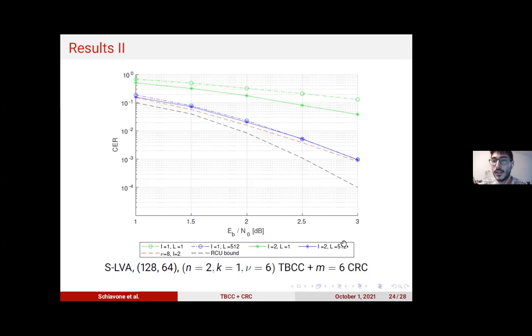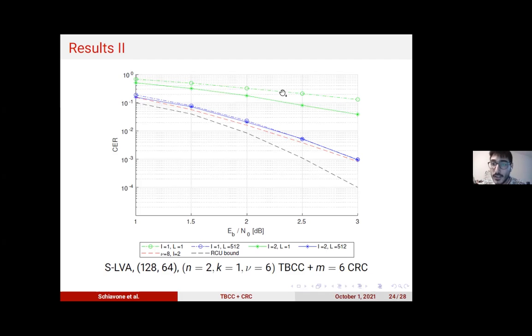Moreover, the decoder may not use a list of 512 every time; as we saw before, first it uses list 1. If it's not okay, it finds the second path. If it's not okay, the third, and so on. So this is the maximum that I decided to allow for the decoder. With list 512, we have more or less the same performance we had with list 16 and the parallel list Viterbi algorithm.